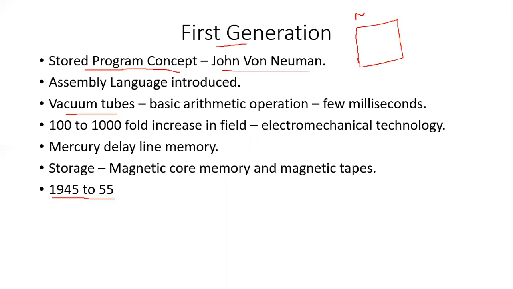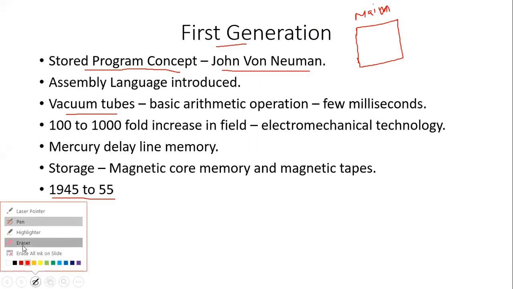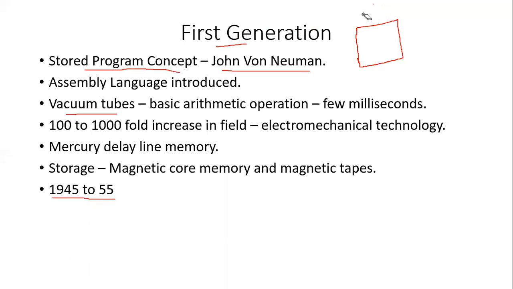So there will be a main memory, and in this same main memory, both the program and the data will be stored. Before this concept was introduced, computers used two memories. One was used to store only program, and the other memory was used to store only data.